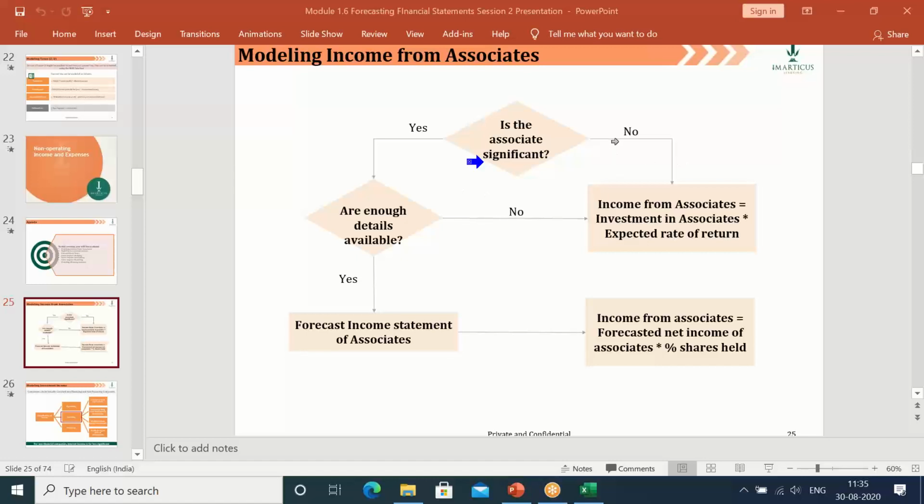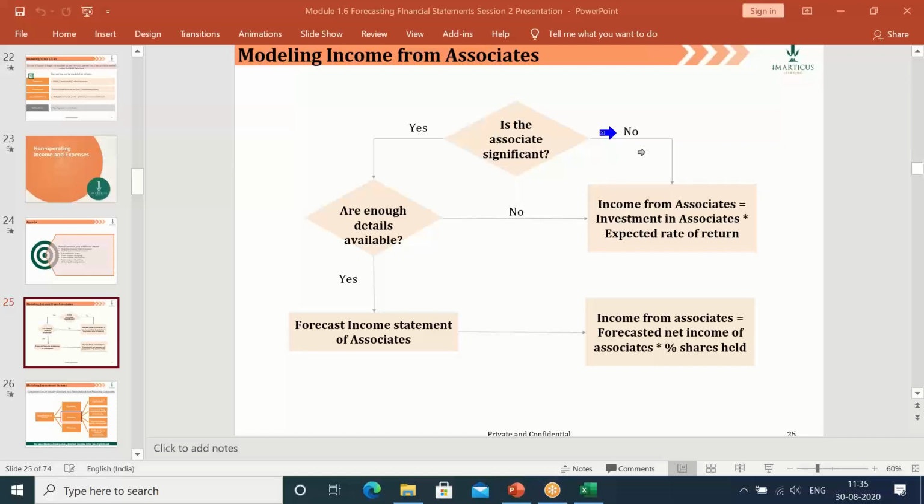If the answer is no, it's a very small amount. कंपनी A का टोटल P&L 100 करोड़ का है और कंपनी B से इससे पिछले ईयर में हमें दिख रहा है कुछ few thousand rupees आते हैं, 10,000 rupees आते हैं. It's not a significant amount against a crore P&L or turnover. Some few thousand or probably a lakh is not too relevant.